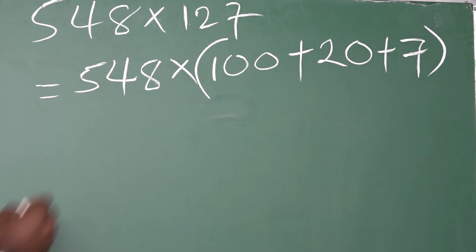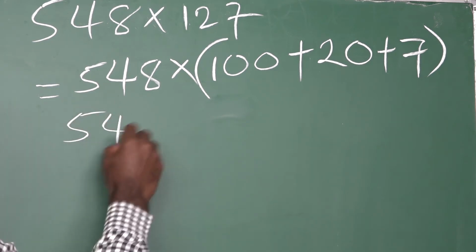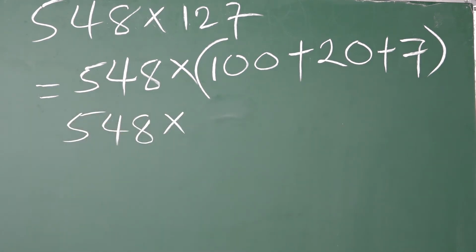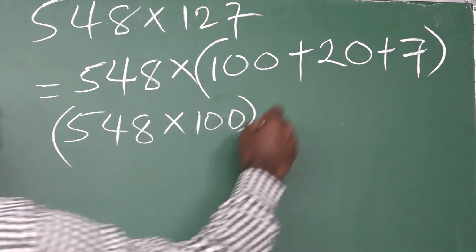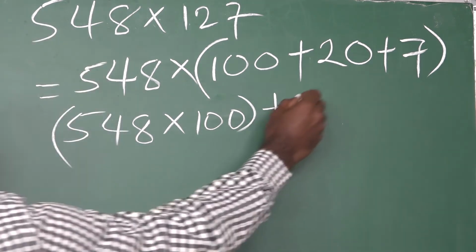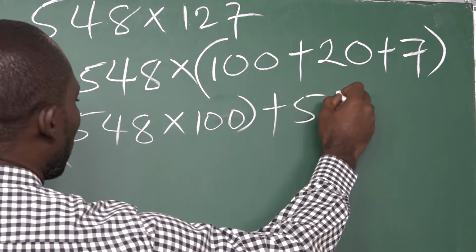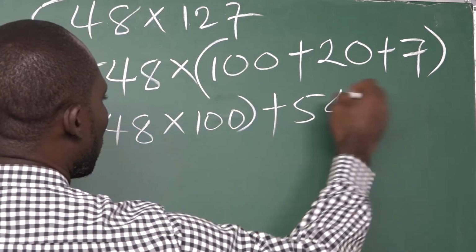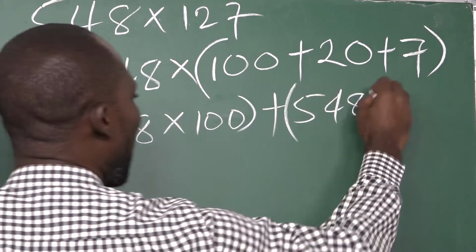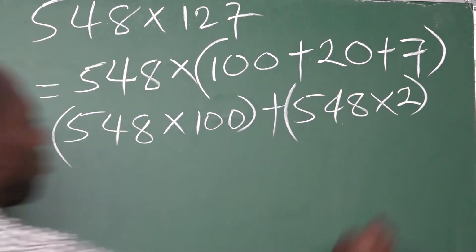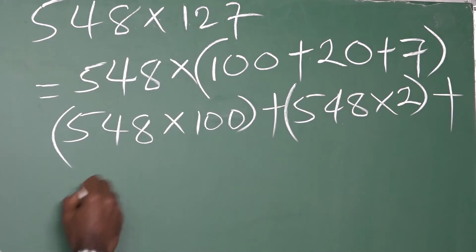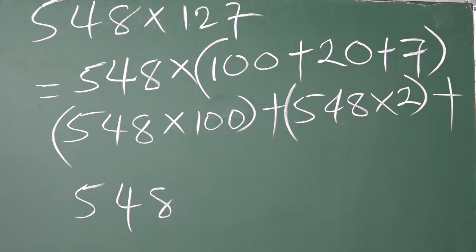So we can have 548 multiplied by 100 in brackets plus 548 multiplied by 20, and then in brackets also. Then plus 548. Remember, we are opening that bracket now. 548 multiplied by 7.